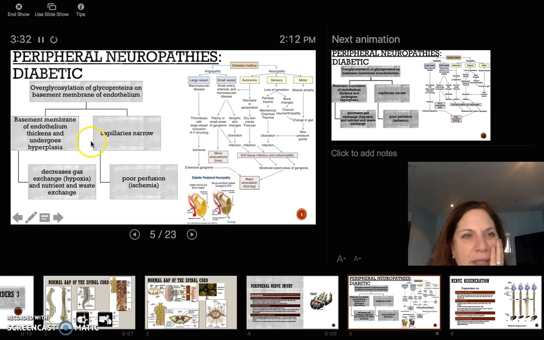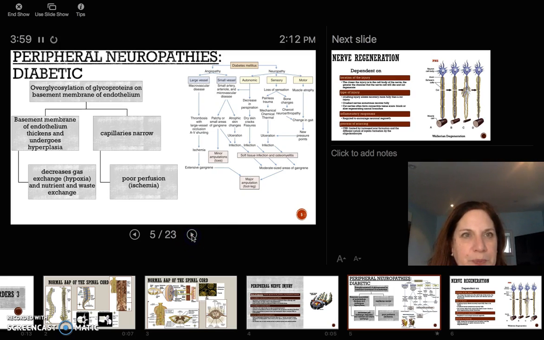So what happens is we have glycoproteins, sugars, and all kinds of other free radicals that start to damage the blood vessels, and then they go on to damage the nerves, and people end up with neuropathies, which cause decreased sensation to the affected area.